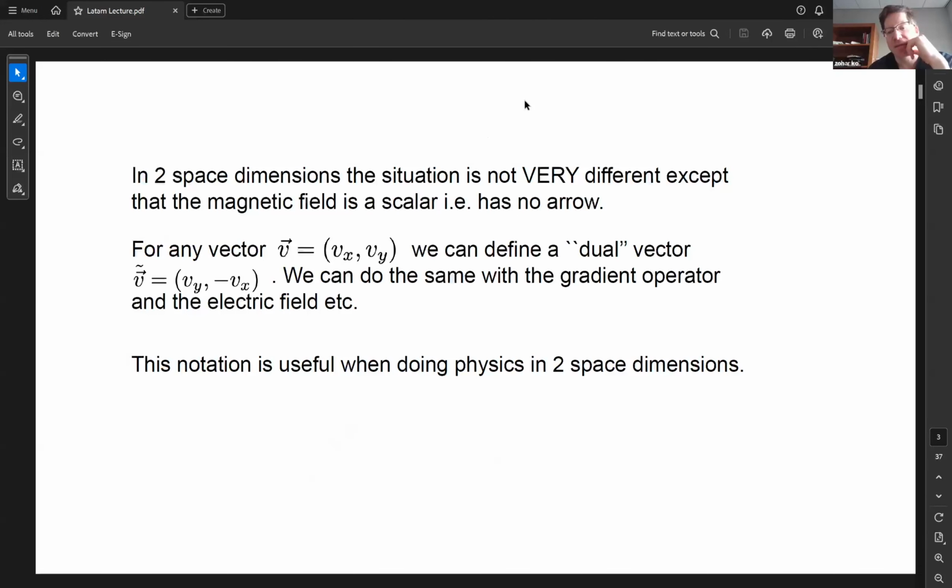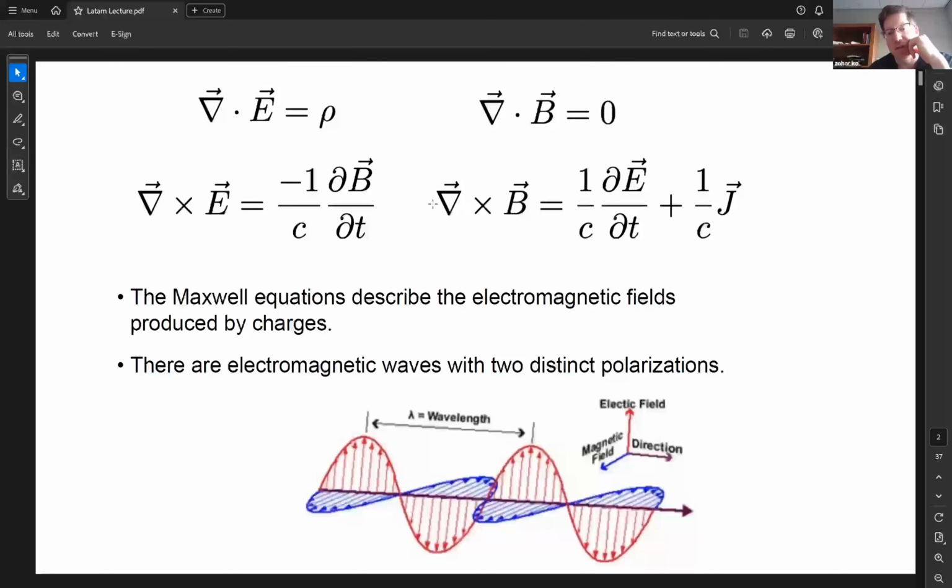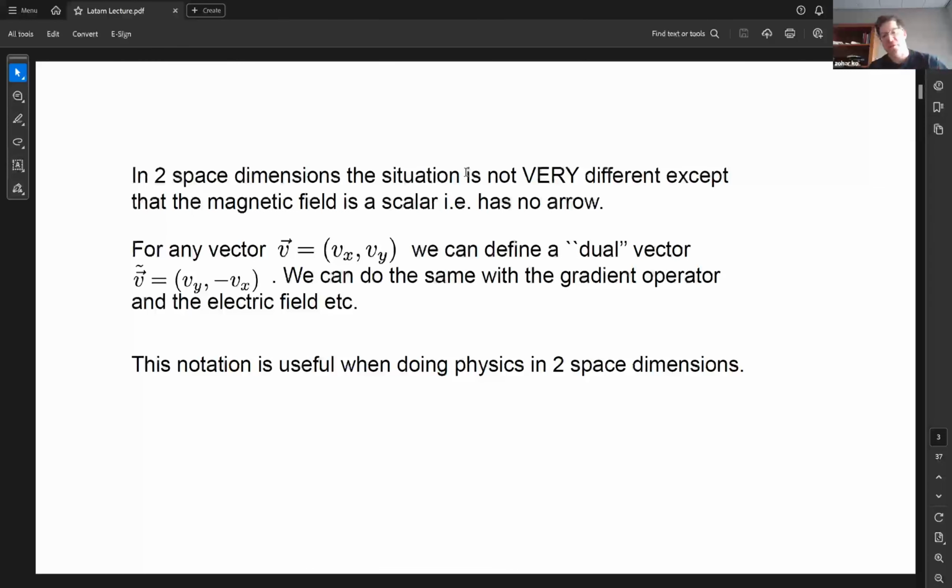Another thing is that I have to define what is the notion of a curl. This is a kind of product you're familiar with in 3+1 dimensions. In 2+1 dimensions, it works very similarly, but there is a convenient notation that I will use for a couple of slides, which is this.